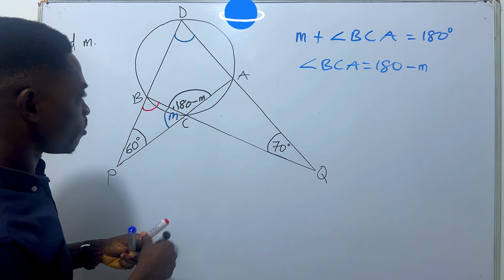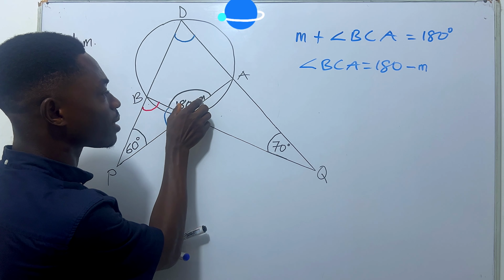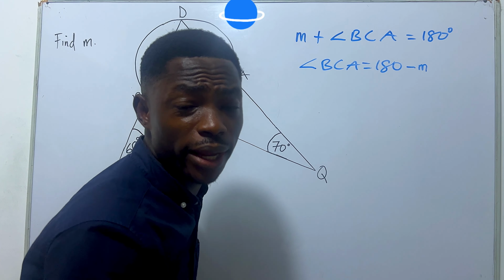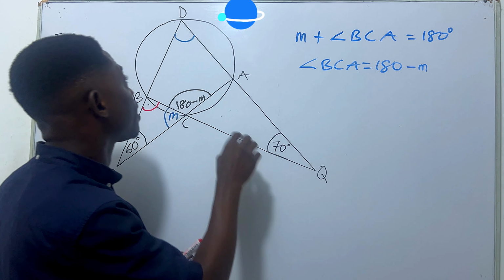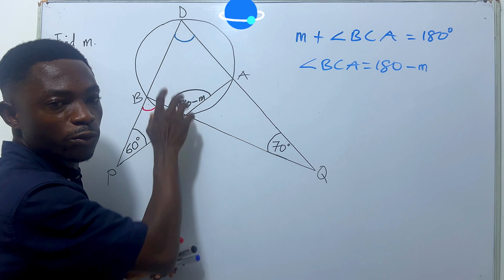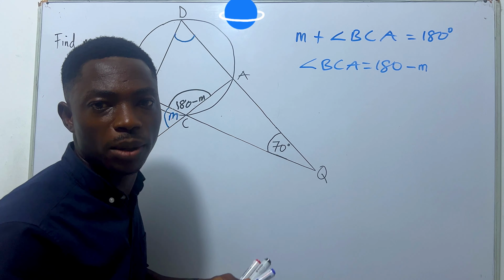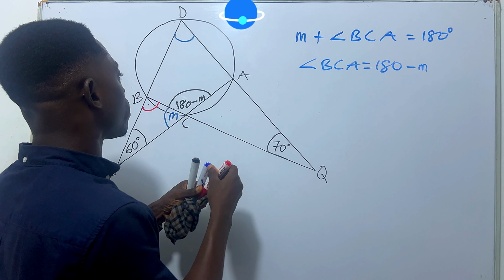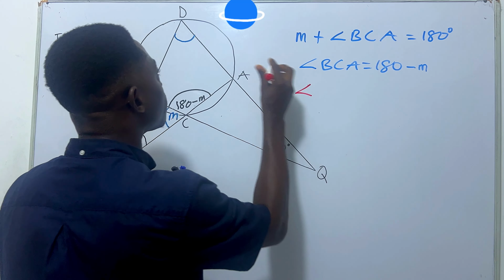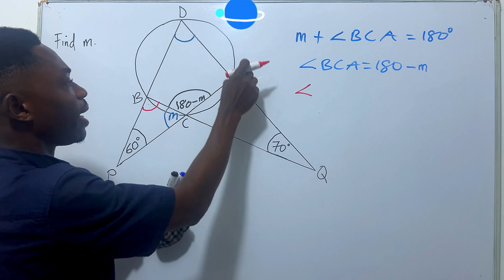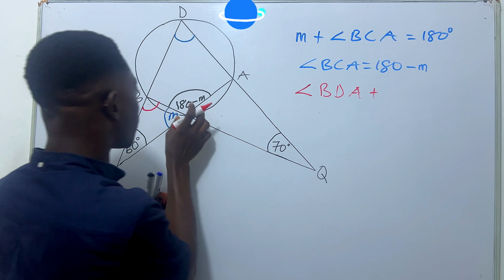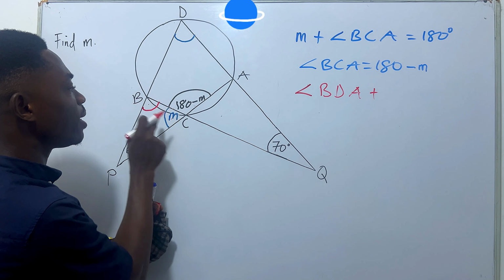Now, we have been able to determine this angle. So we can add this angle and the angle right here, and still equate to 180, because they are opposite angles of a cyclic quadrilateral and they sum up to 180. So let's consider that as well. It is going to be angle BDA plus this angle over here, which is BCA.